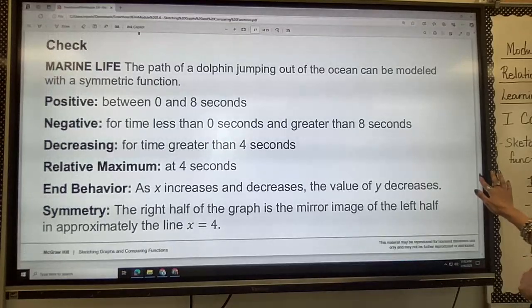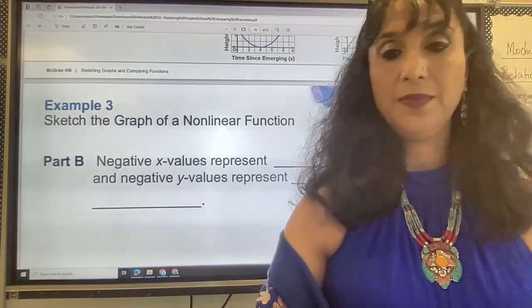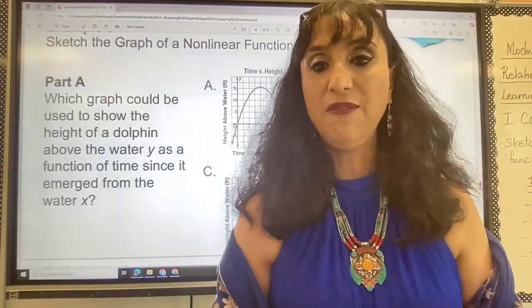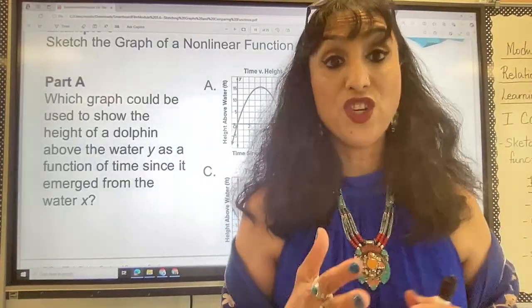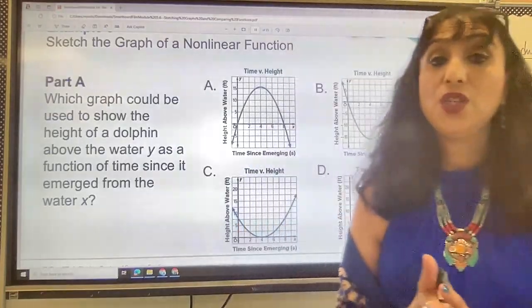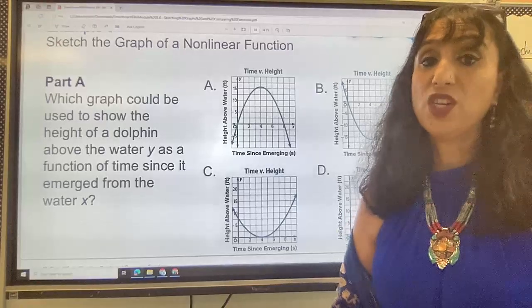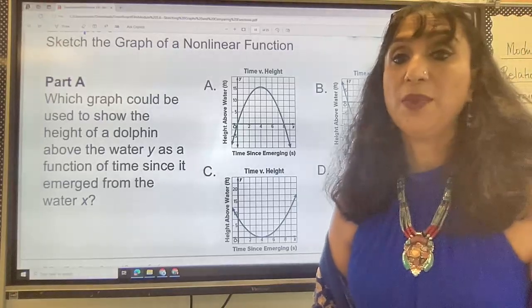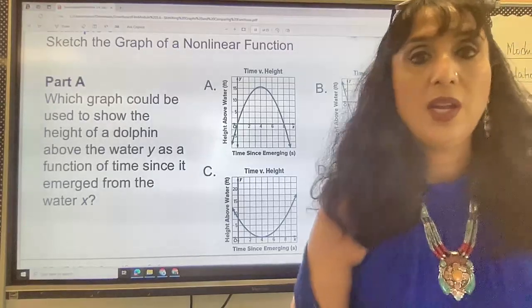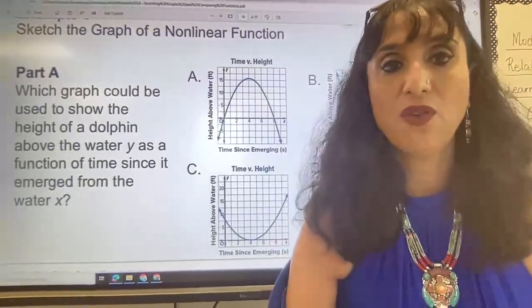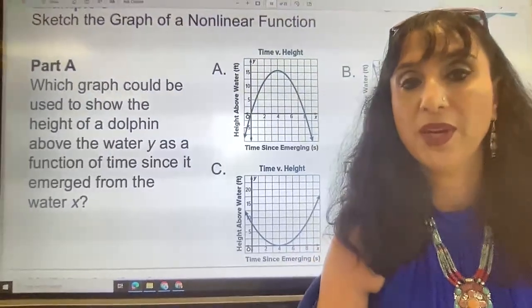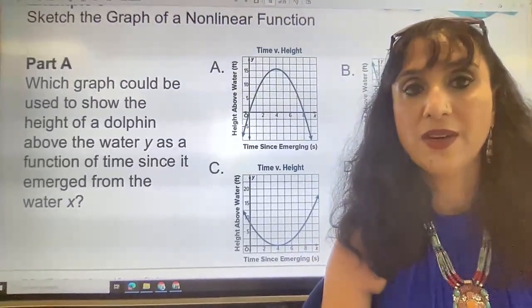So it's telling me where it is positive, where it is negative, where it is decreasing, relative maximum, end behavior, symmetry, etc. So I'm going to say the key features, and let's see which graph it is going to be. To show the height of a dolphin above the water y as a function of time since it emerged from the water x. So let's look at these 4 graphs. I'm going to bring it closer so you can see better.